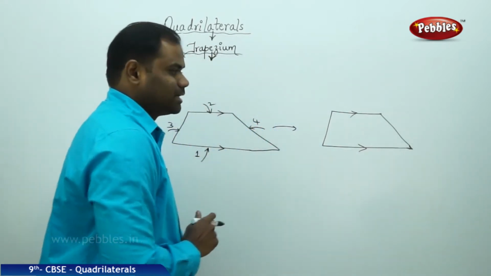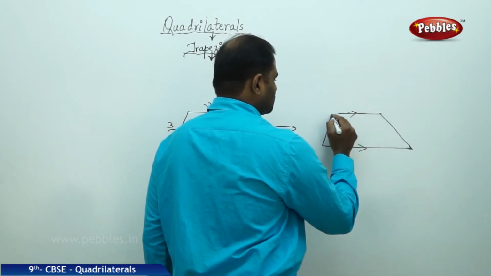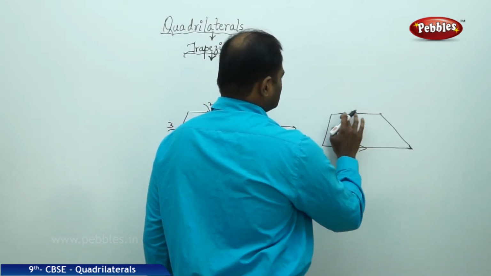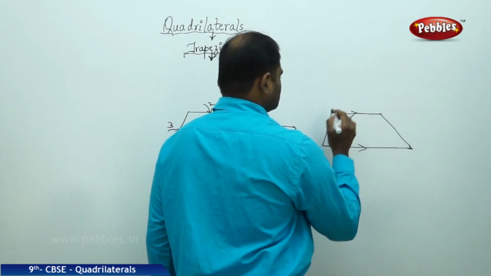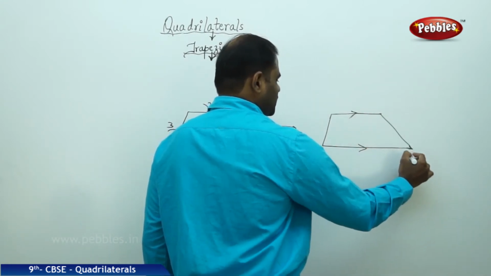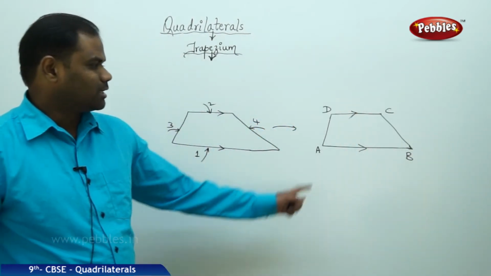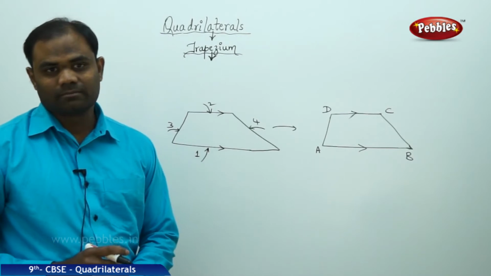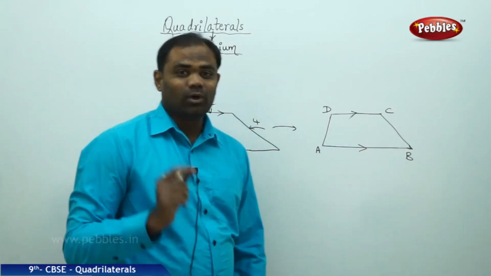So here I get a quadrilateral in which one pair is parallel. ABCD is a quadrilateral with the observation that AB is parallel to DC, but the lengths are not equal, only one pair is parallel.